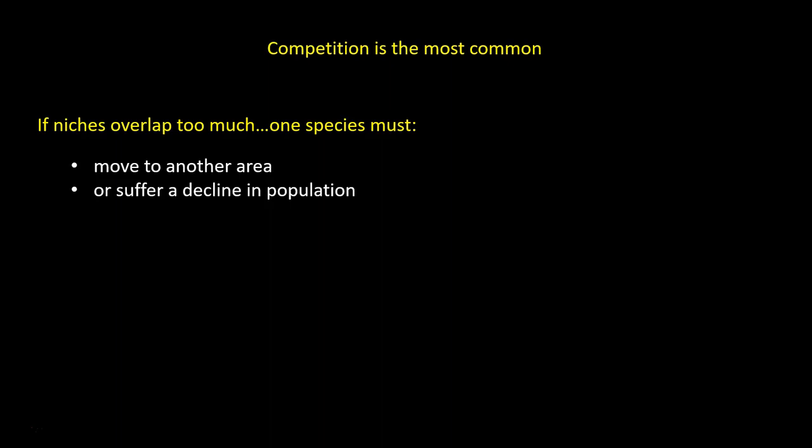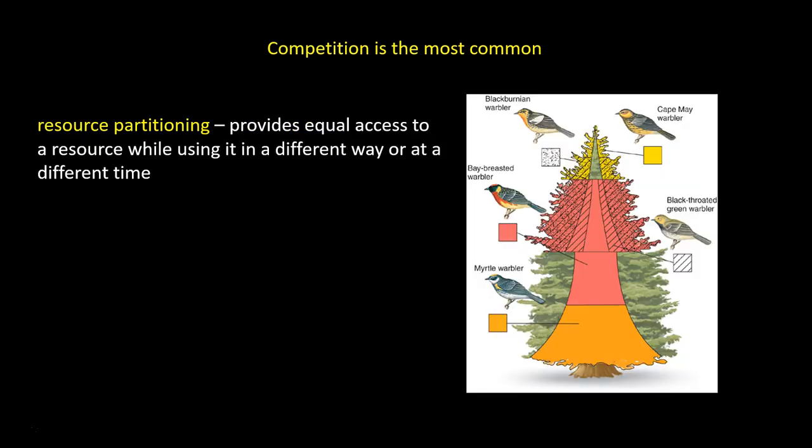Given enough time, say a number of generations, the species could also develop adaptations that enable them to coexist with other species. One example of this is resource partitioning, which provides equal access to a resource while using that resource in a different way or at different times. Take, for example, these 5 species of warblers.